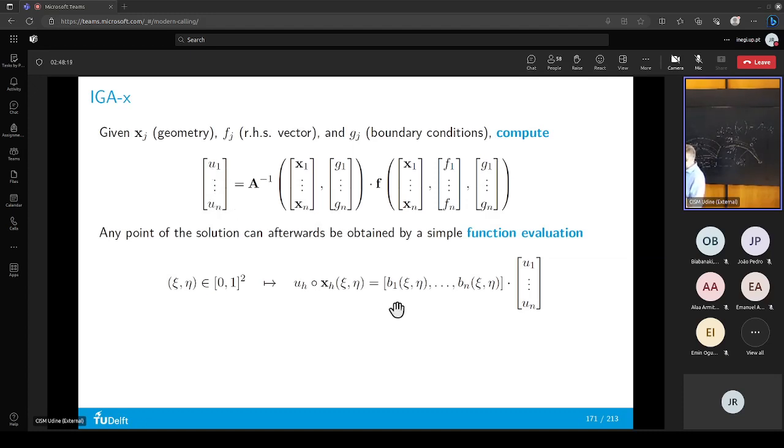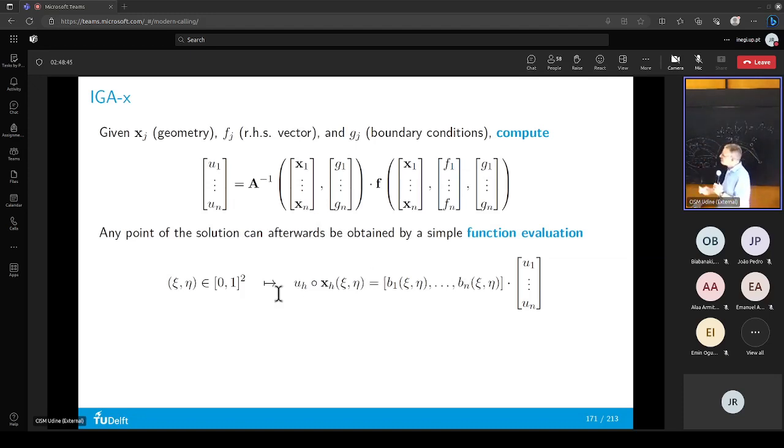And whenever we want to know the solution, let's say here in the middle, we don't have to solve anymore. We just evaluate this. And I think I have tortured you enough with how to evaluate basis functions efficiently. We just evaluate this at that point.